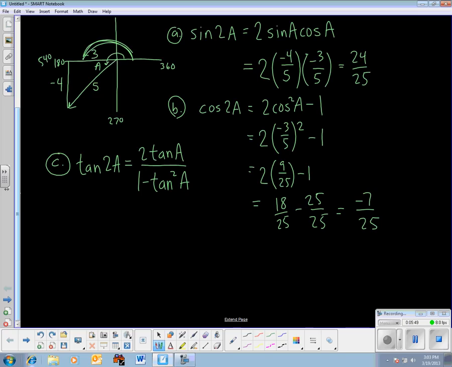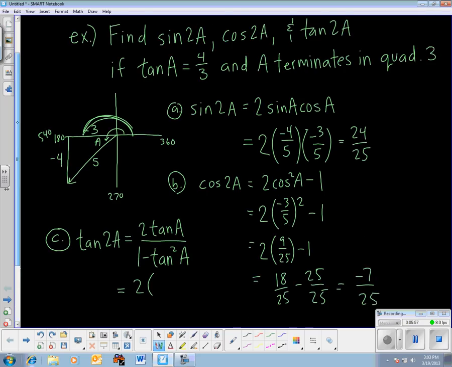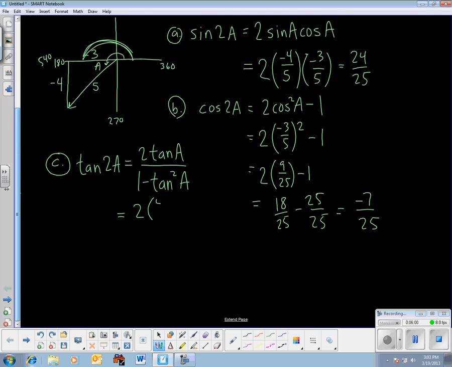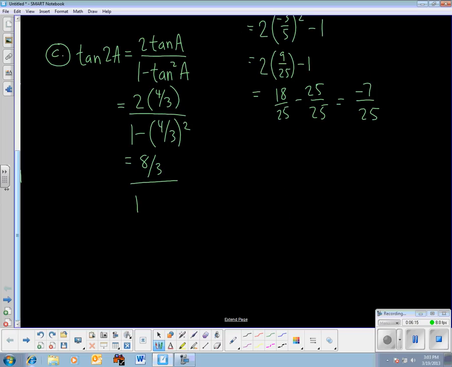Okay, so using my triangle, 2 times the tangent of A is going to be 2 times the tan, which was 4/3, given at the beginning, over 1 minus tan squared, and tan squared is going to be 4/3 squared. So on the top I have 8/3, and on the bottom I have 1 minus 16/9.